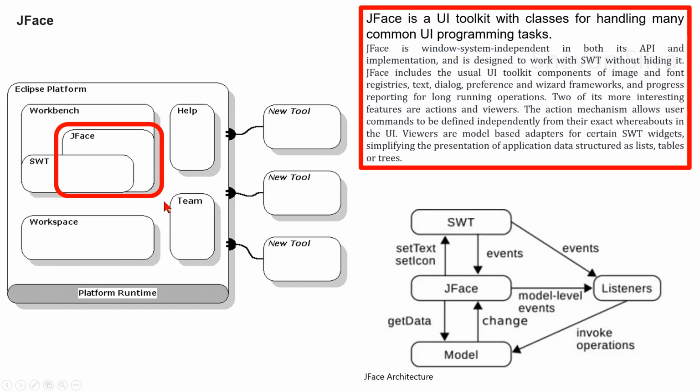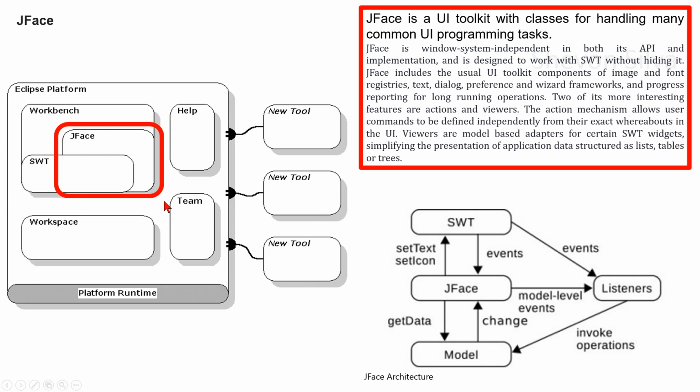Now we are focusing on JFace. JFace is a UI toolkit with classes for handling many common UI programming tasks. JFace is window system independent in both its API and implementation, and is designed to work with SWT without hiding it. JFace includes the visual UI toolkit components of image and font registries, text, dialog, preference, and wizard frameworks, and progress reporting for long-running operations.